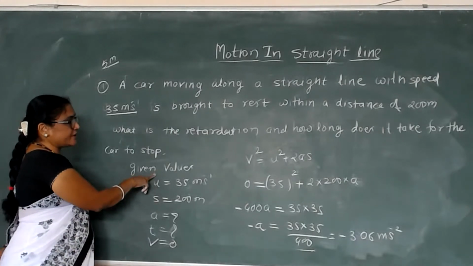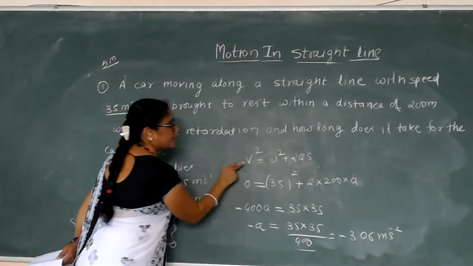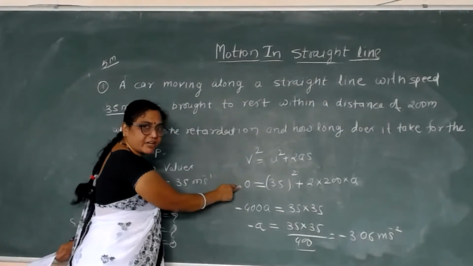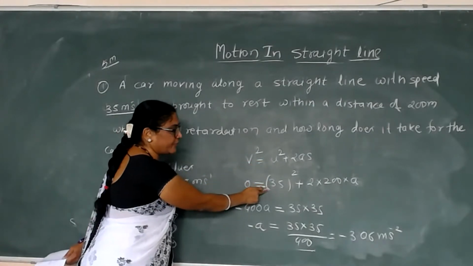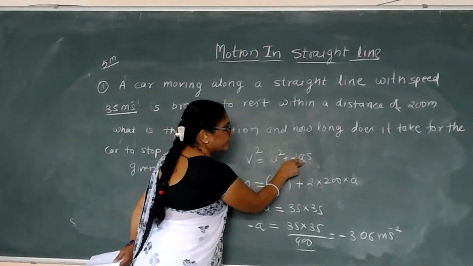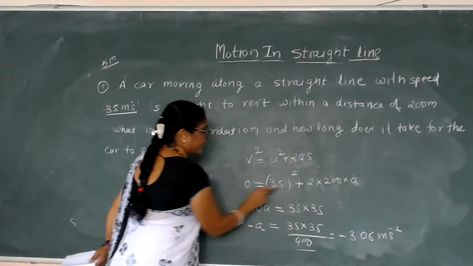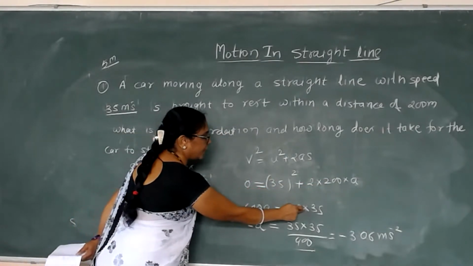In this we use the formula v square is equal to u square plus 2as. V means final velocity, that is v is equal to 0. Initial velocity u is equal to 35, plus 2 into distance covered 200 into a. So minus 400 a is equal to 35 into 35.